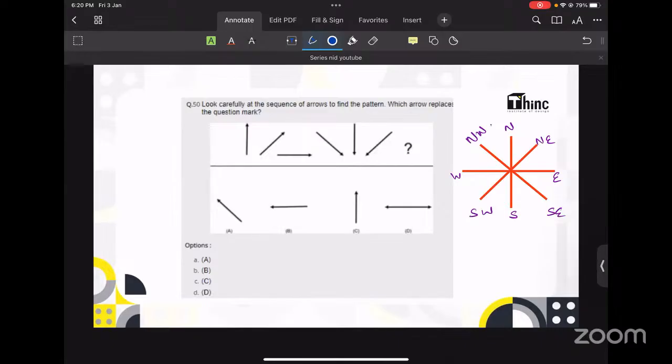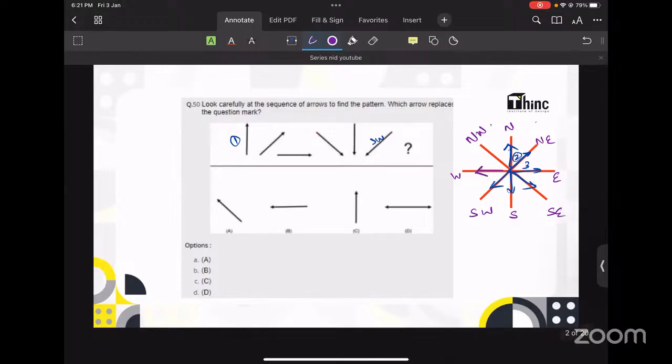The question is not that tough, but the logic underlying it is taken to higher levels, and you will see how these logics are taken to higher levels. Over here you can find north in this direction, then northeast, east, southeast, south, southwest.